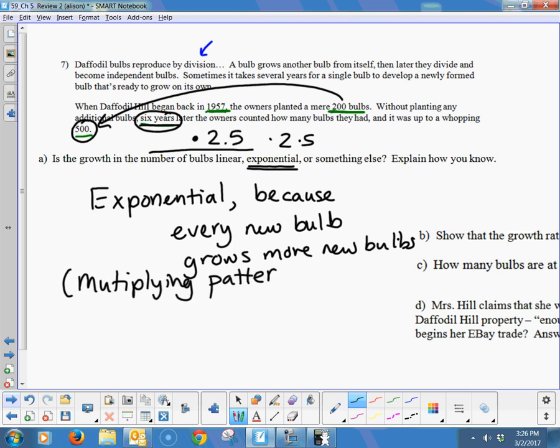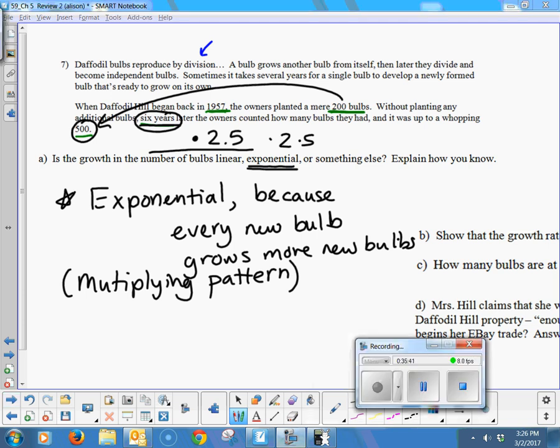So the biggest idea is if you just understand that this sort of growth, where you recognize that the growth doesn't depend on just a single rate, it depends on how much you have.